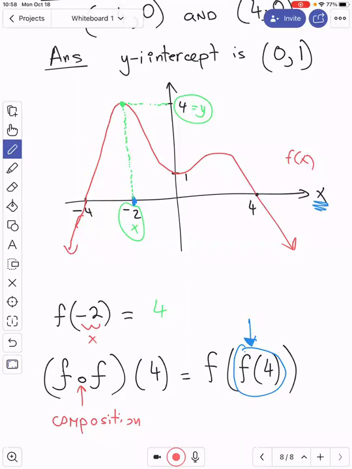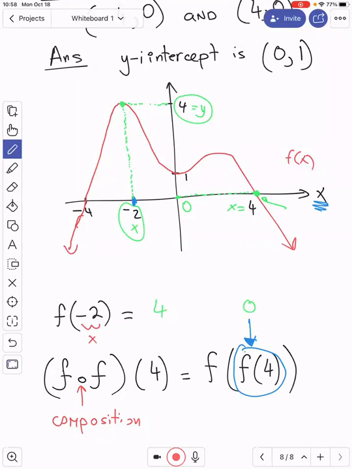X is 4. Here's my x equal to 4. Now, if you take a vertical line starting from 4, where does it intersect the graph? Actually, as you can see, the point lies on the graph, so the intersection would be just the same point. And the corresponding y is 0. So f of 4 is 0.